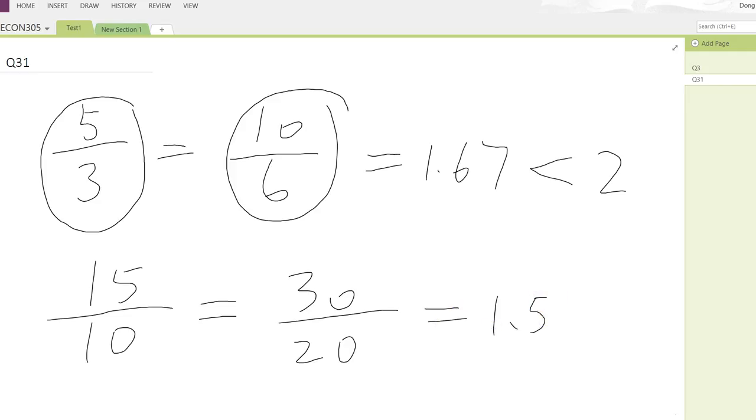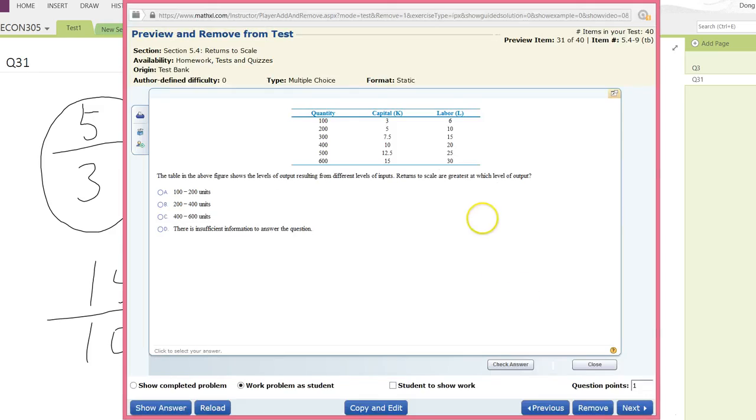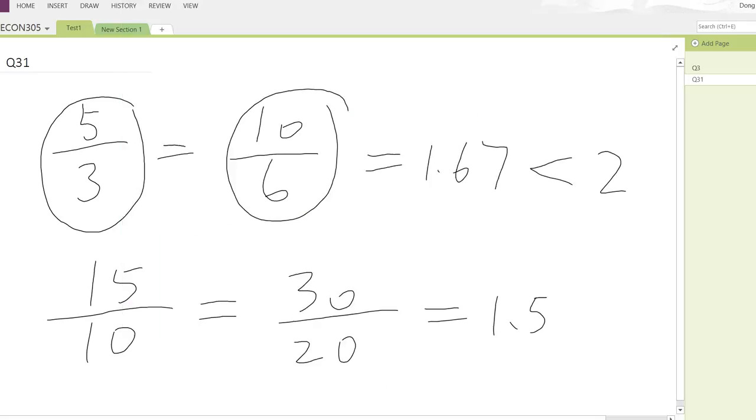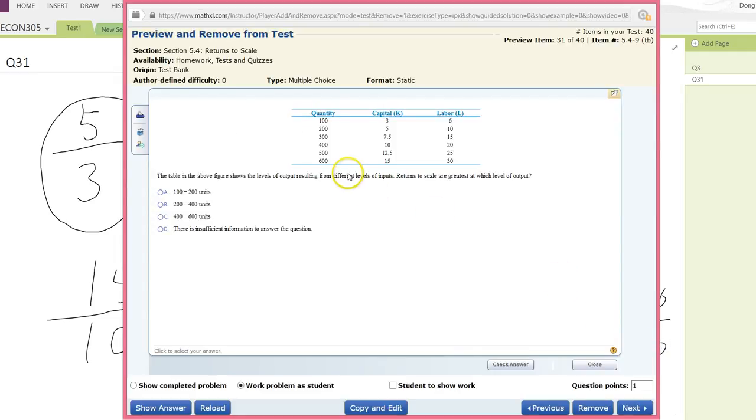The output also increases from 400 to 600, which equals 600 divided by 400. So in this case, this is also constant returns to scale between 400 and 600 units.